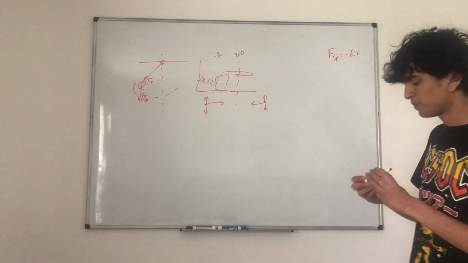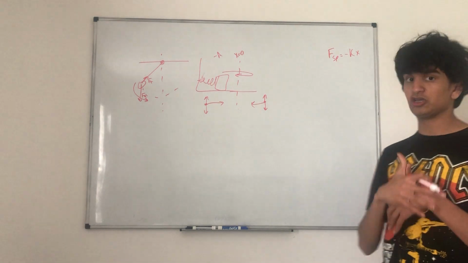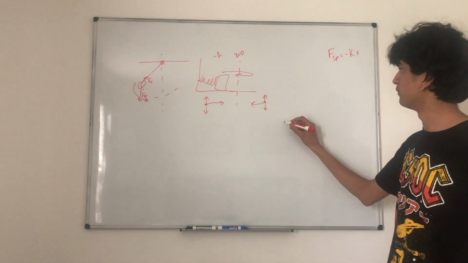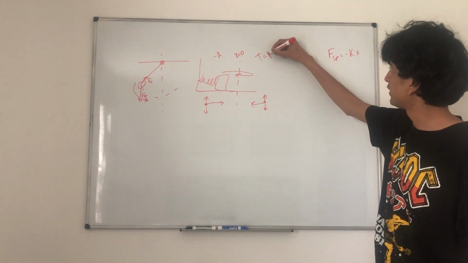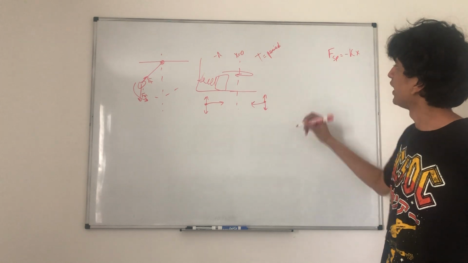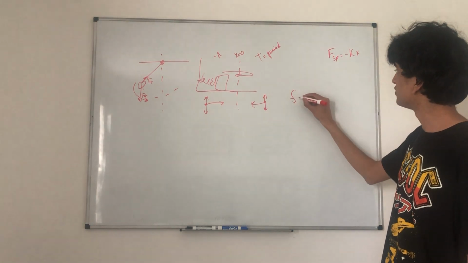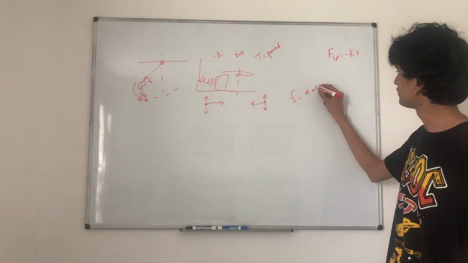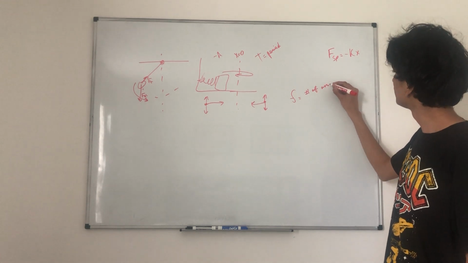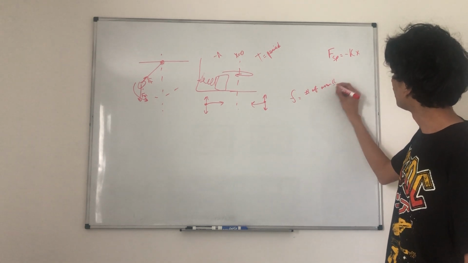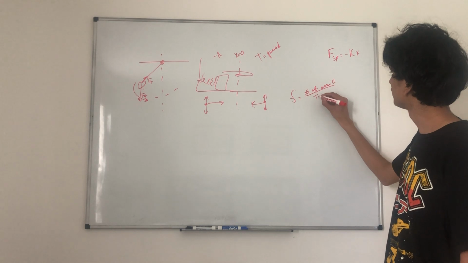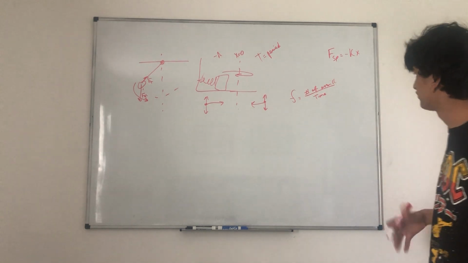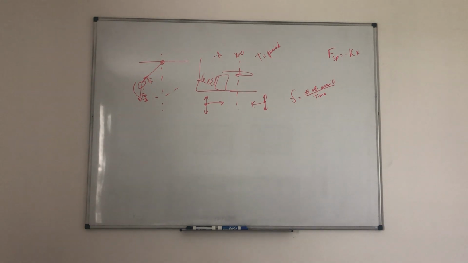But frequency is really the number of oscillations per second. So period, right? Cool. And then frequency is the number of oscillations in a given amount of time. So, number of oscillations per second. What's a way to calculate that?